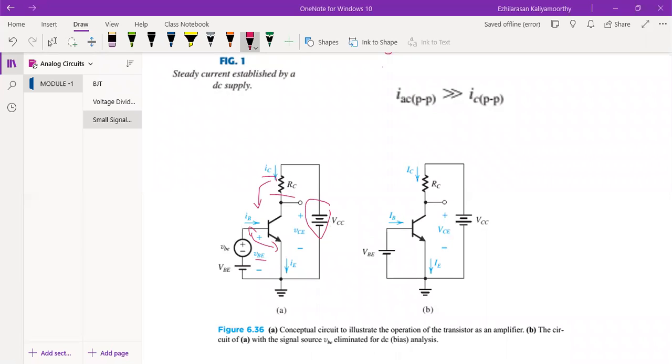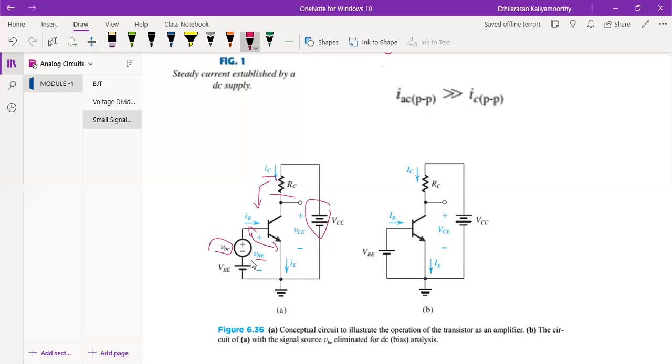Now our input signal that should be amplified is represented by the voltage source vbe. See this, the vbe, the input signal to be amplified. Further, I am connecting the vbe superimposed on VBE.